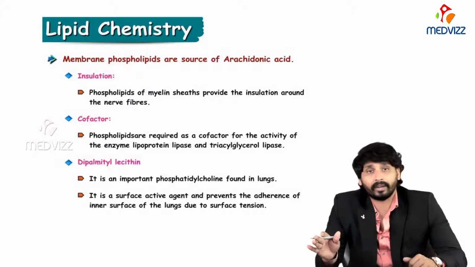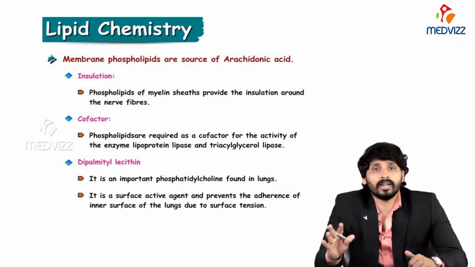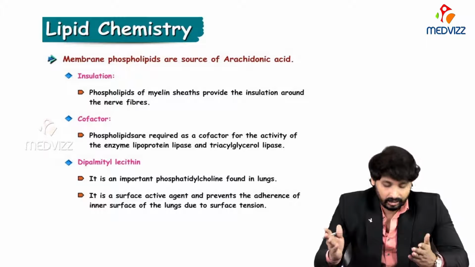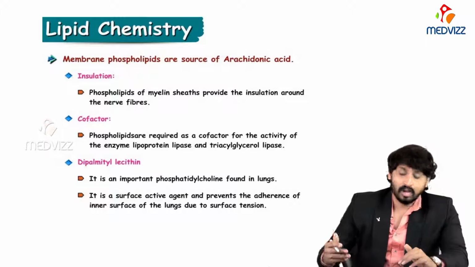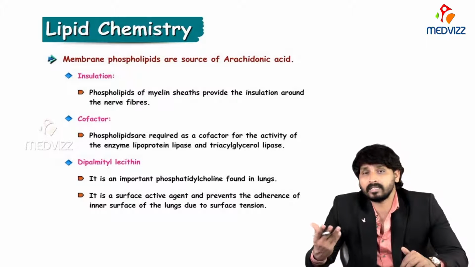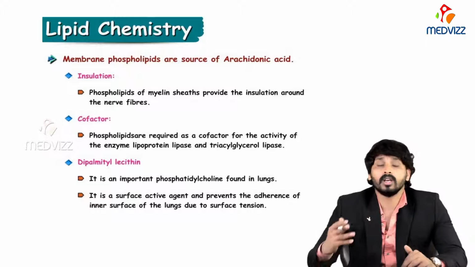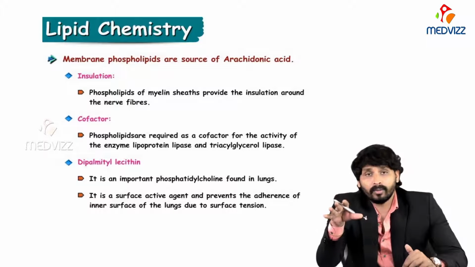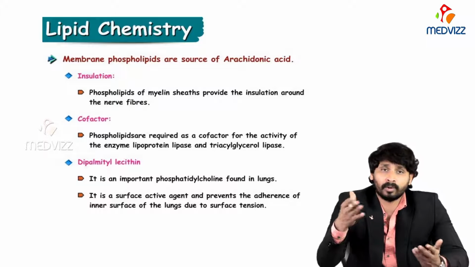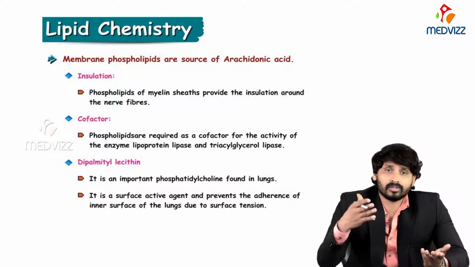They are protected, so external or internal changes are minimized by the insulation of the phospholipid layer. Cofactor: phospholipids are required as a cofactor for the activity of the enzymes lipoprotein lipase and triacylglycerol lipase, for digestion of lipoproteins.